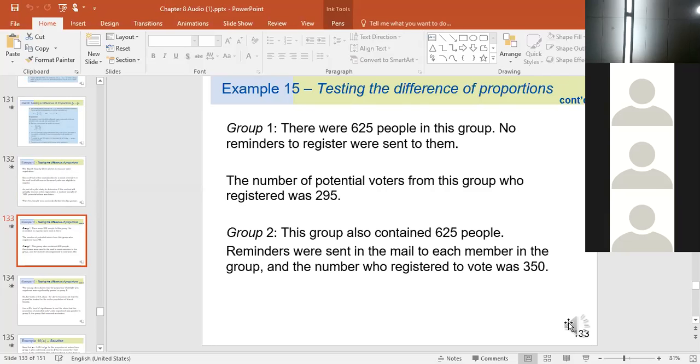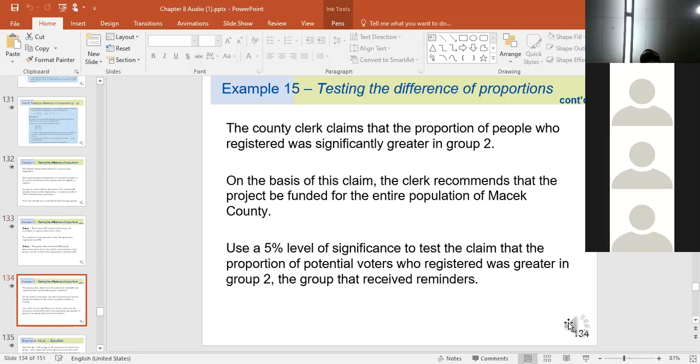Any questions from your calculator? Have you found the Z value? Alpha equals 5%. What is the Z value?